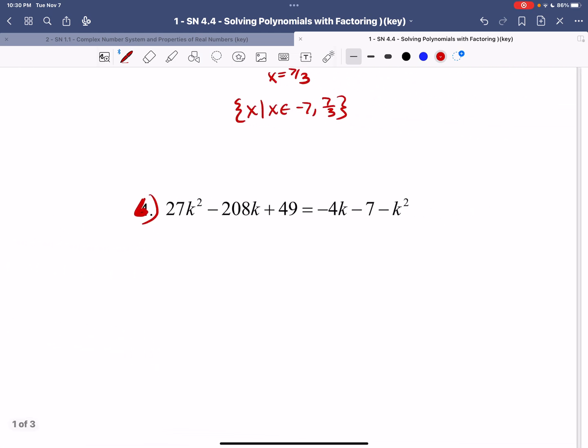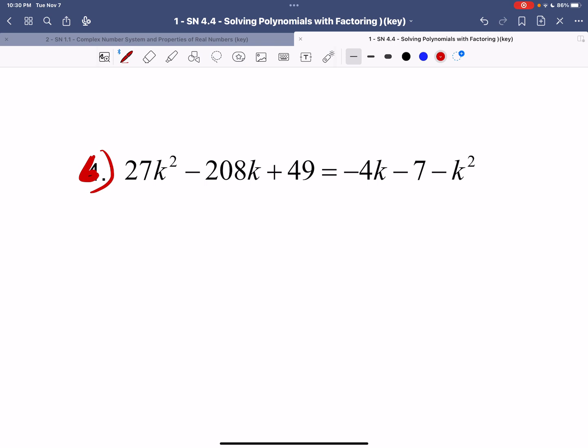All right, over here. Okay, do I need to set this equal to 0? Again, I've got a square there, I've got a 1 there, I've got a 1 there, I got a square there. So definitely have to do some combining, and setting equal to 0. So I'm going to add k squared to the squareds. I'm going to add 7 to the constant.